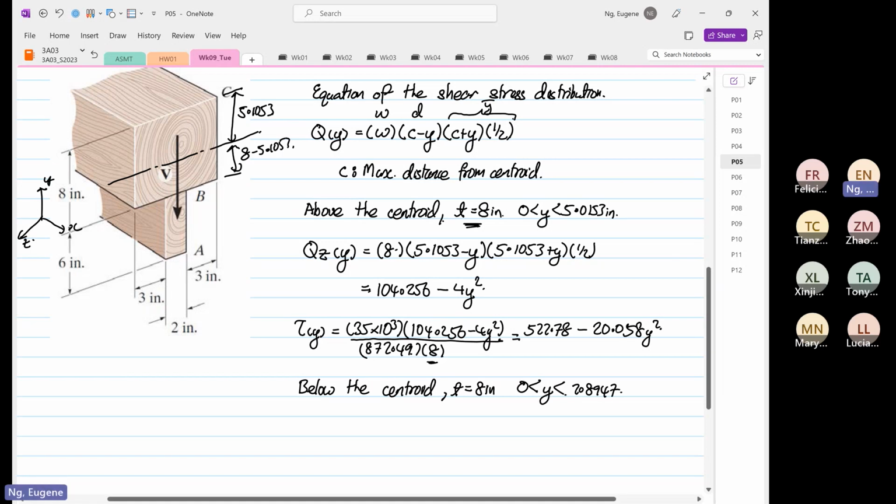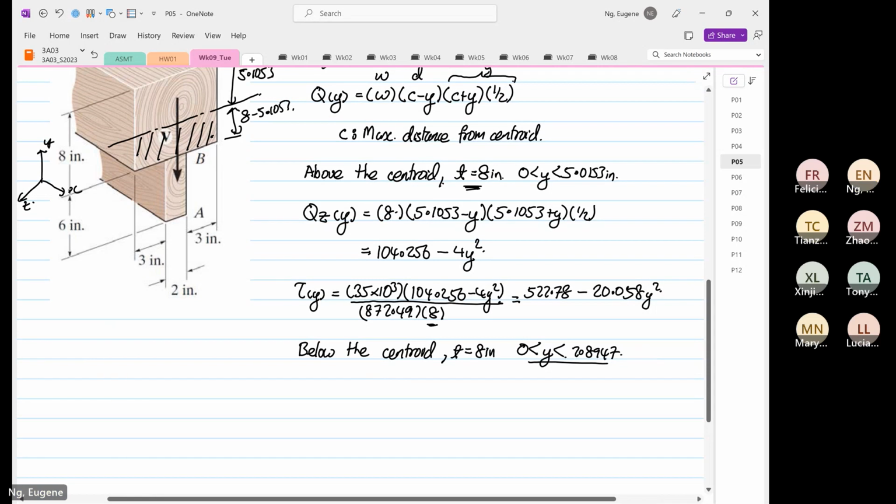So now we just finished the top part. We are doing the bottom part just up to here, where the thickness is still 8 inches. So this is again the limit.